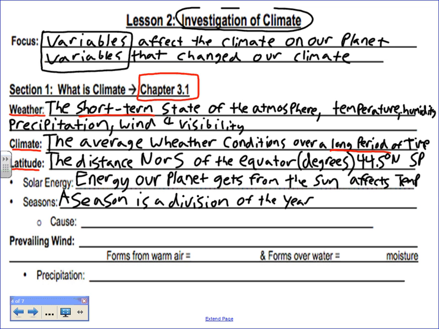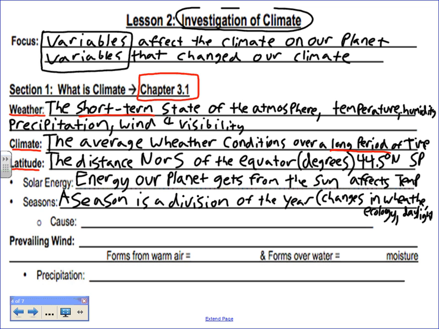This is marked by changes in weather, ecology, and hours of daylight. Okay, so there are many variables that affect seasons.